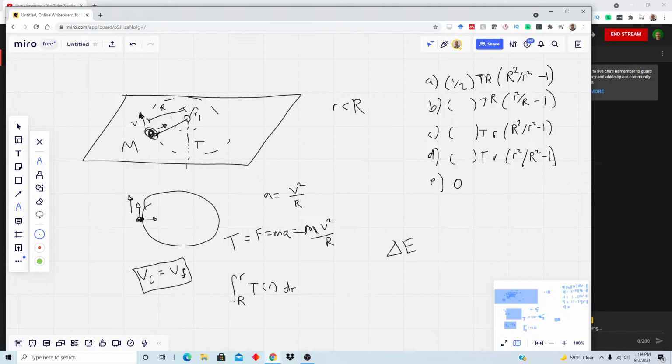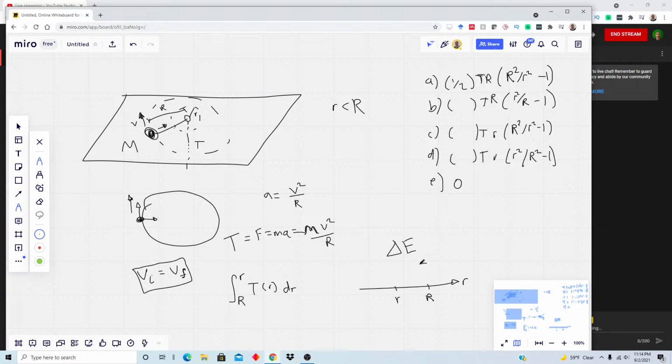And since the tension is technically negative if we consider the outward direction positive. So if we were to say this is our number line radius, we have r, little r.